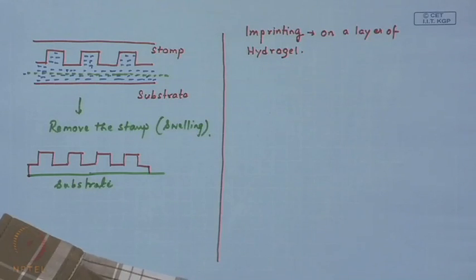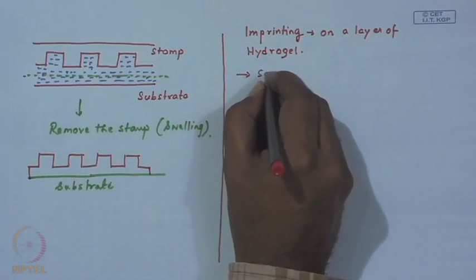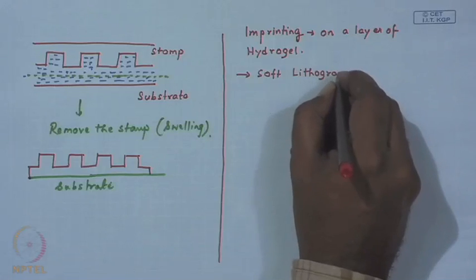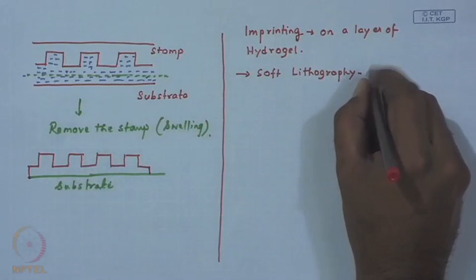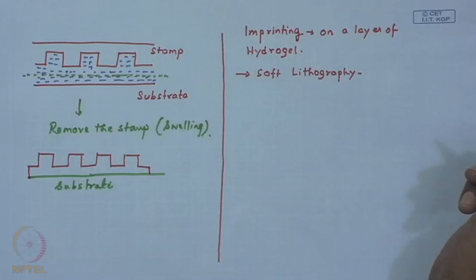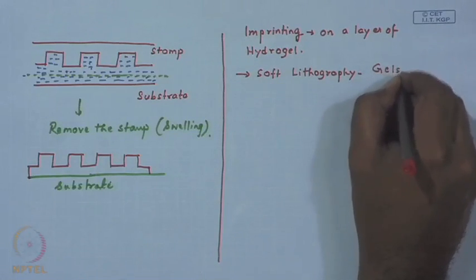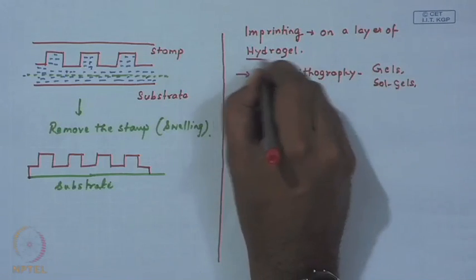Now, while introducing to you soft lithography, we did talk that soft lithography works very well for different types of materials like not only polymers, but gels, inorganic sol gels, etc. So, you can just check out this hydrogel.